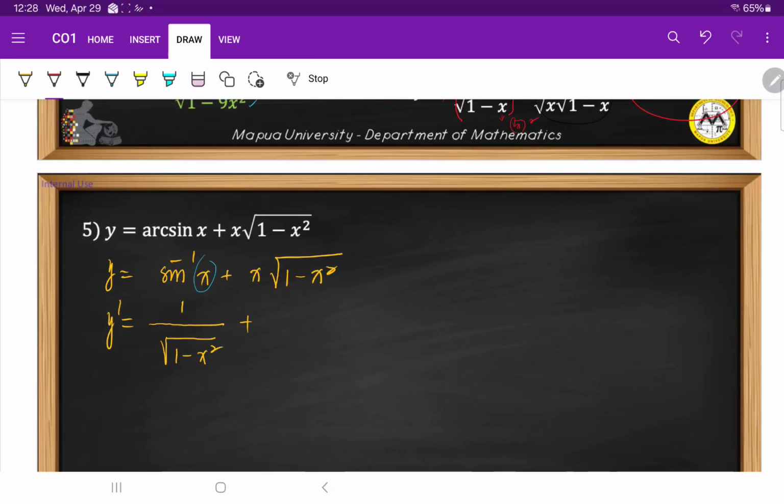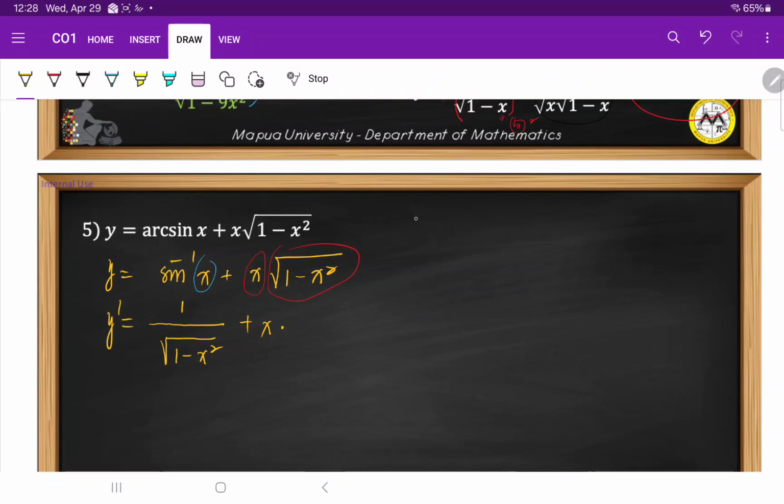Plus, how will you solve for the derivative of x times the square root of 1 minus x squared? So we use the derivative of a product. Here, this is u and this is v. So we copy u, which is x. What's the derivative of v?